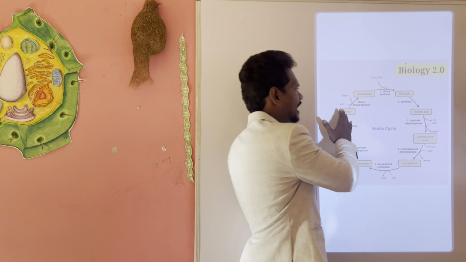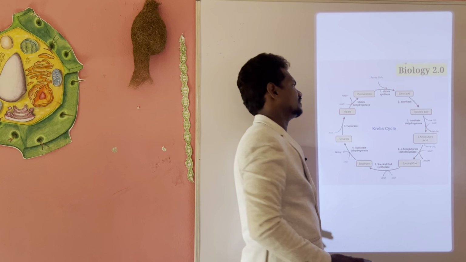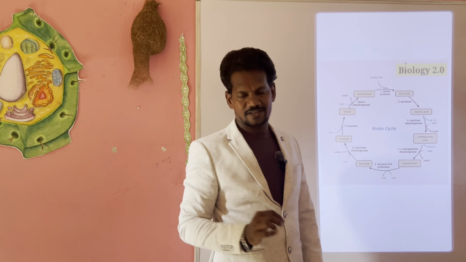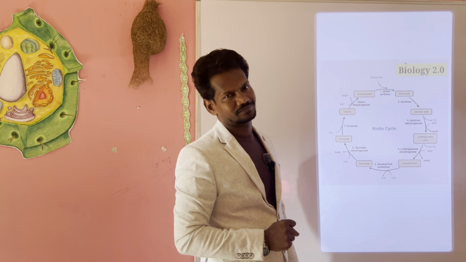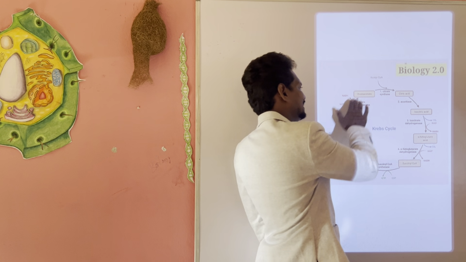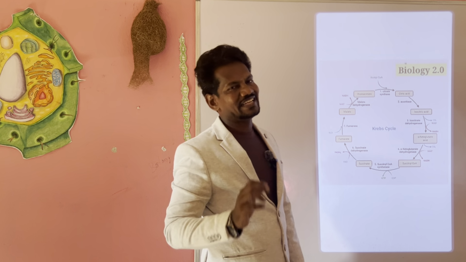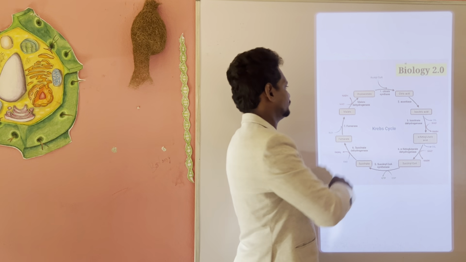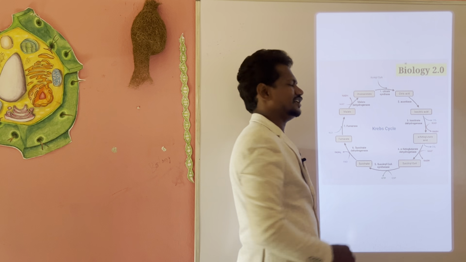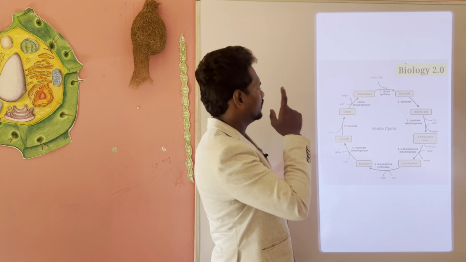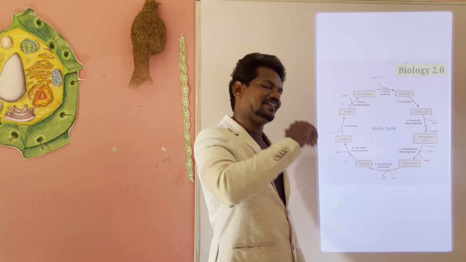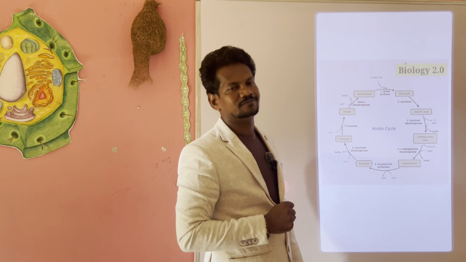Then malate is finally converted into OAA, oxaloacetic acid or oxaloacetate. The malate dehydrogenase enzyme is involved in this reaction, and NAD plus is involved and NADH is liberated.